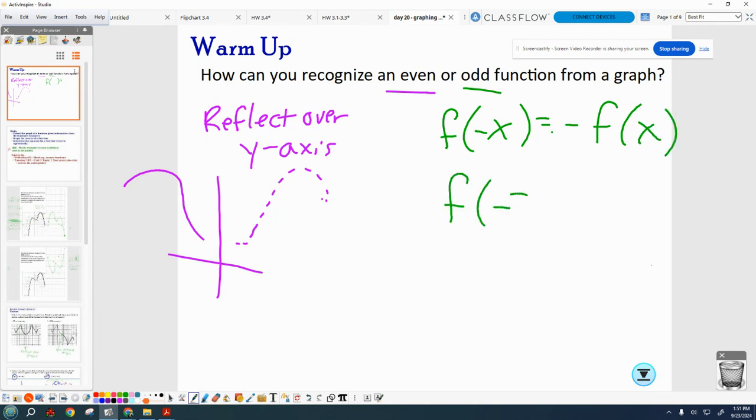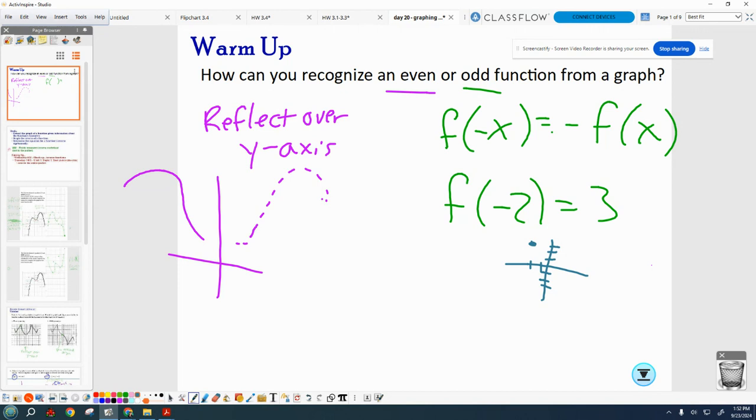So if f of negative 2 is 3, what's the other coordinate that would be guaranteed? If negative 2, 3 is on there, turn it upside down.